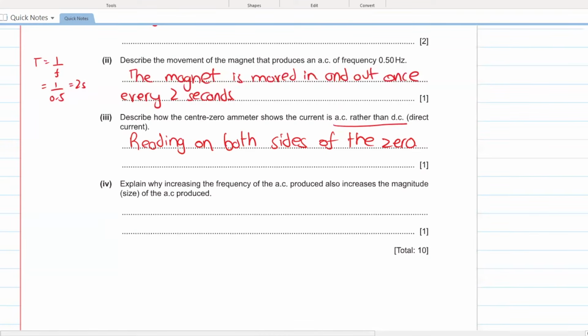Because if you increase the frequency, there is a larger rate of cutting effect, hence a greater EMF.